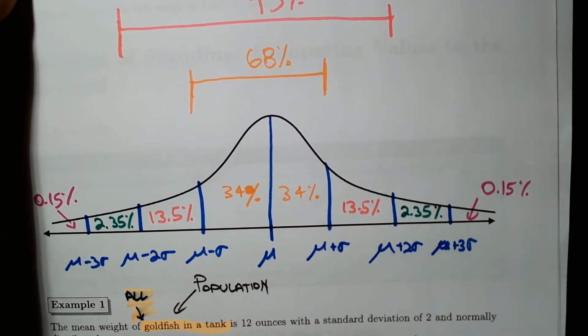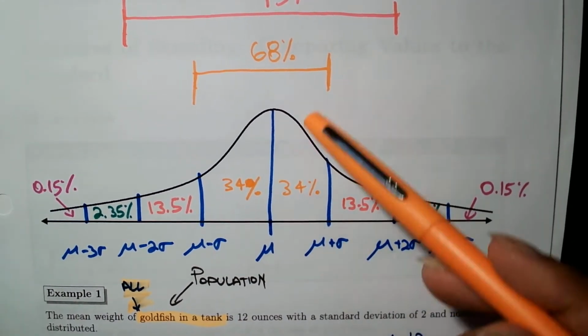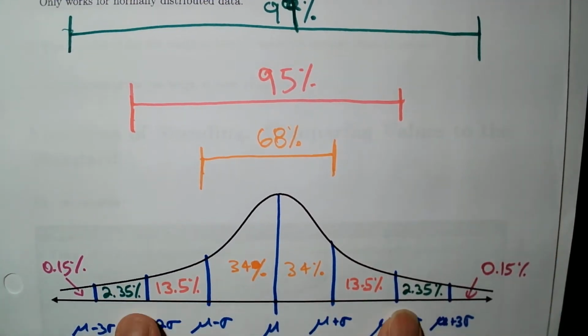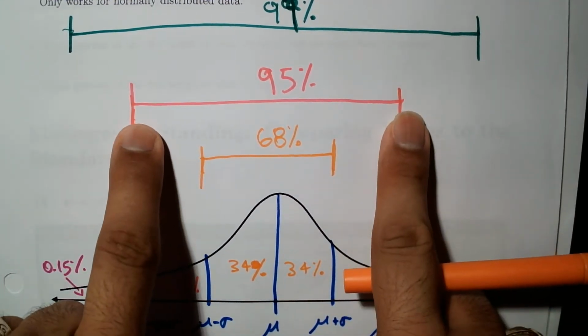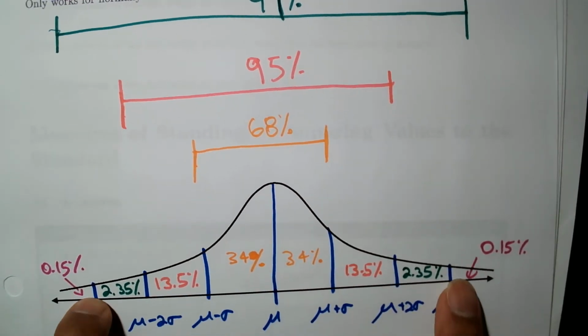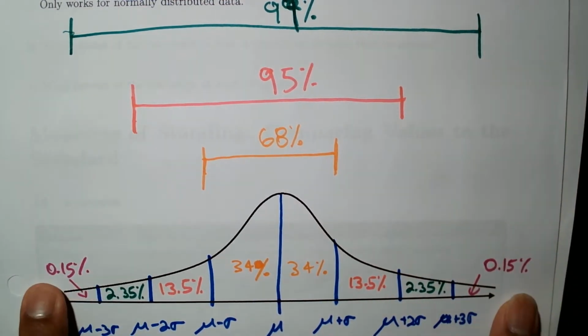We're going to look at more examples with goldfish. If we consider 2 standard deviations, we are going to have 95% of the data. And if we add these little tails right here, we're going to have 99% and so on until we get 100%.